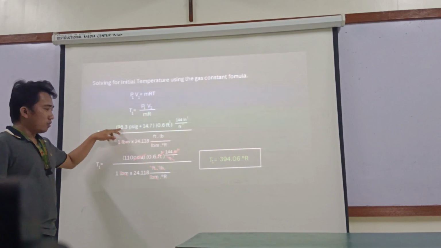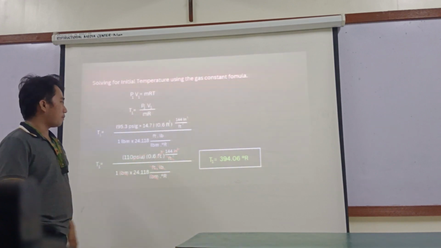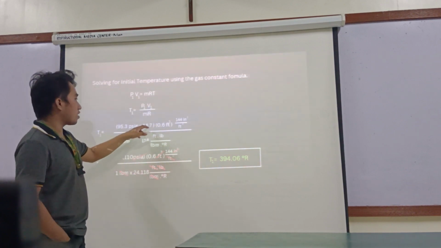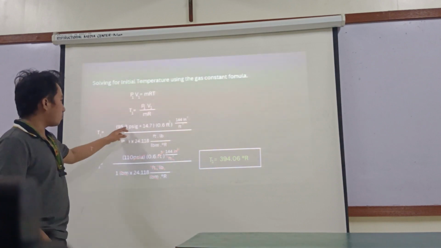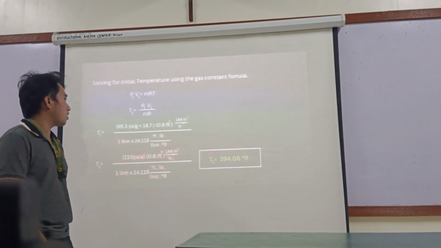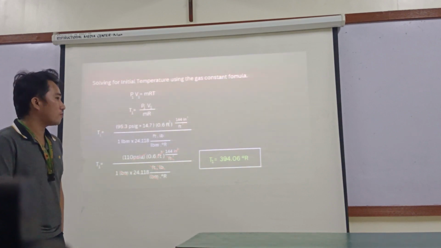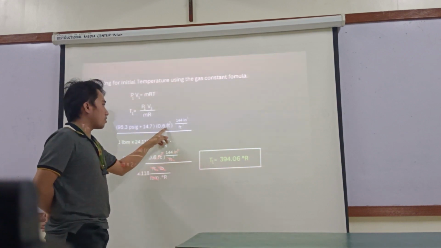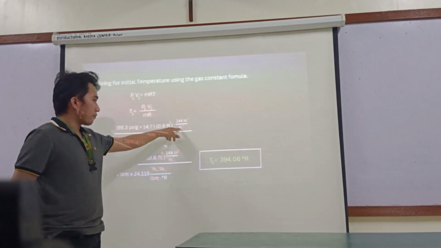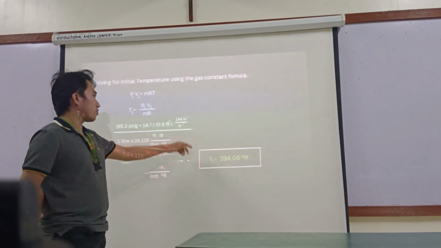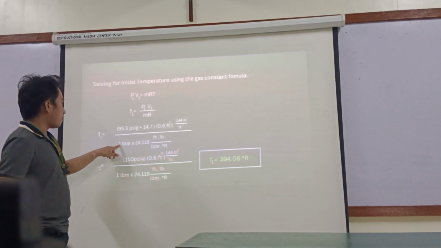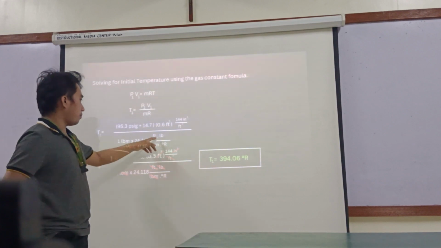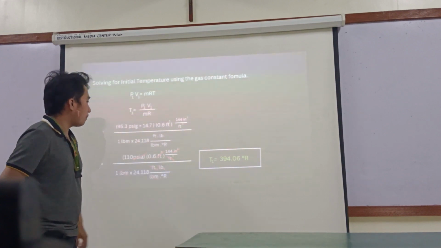So the 95.3 pounds per square inch gauge plus 14.7, because we have to convert pounds per square inch gauge to PSIA, pounds per square inch absolute. We just add 14.7, times 0.6 cubic feet. In every square foot there is 144 square inch, over the mass, 1 pound mass times 24.118 foot pounds per pound mass.